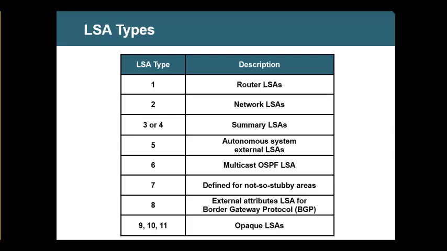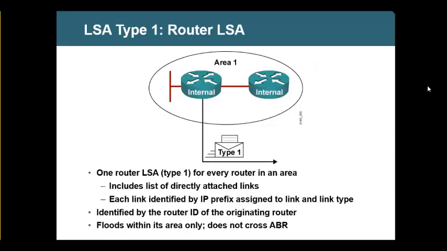Now let us go one by one. Depending on from which router these LSAs are coming, the name also differs. You see, type 1 LSA is what is called the router LSA. And this originates from every single router.